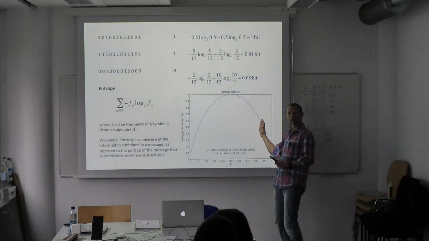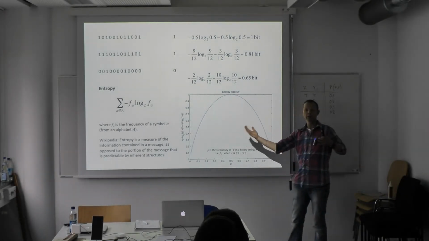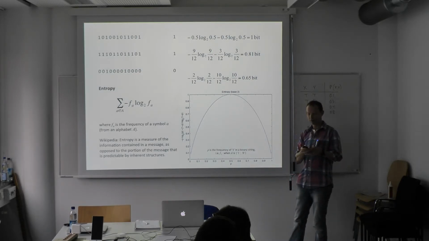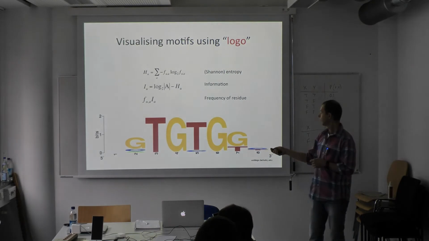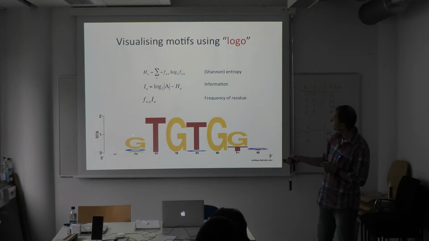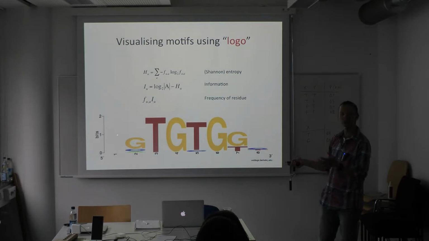Because we don't have a perfect or inherent structure that would be entirely predictable. So we end up with something in between, and the total height there is slightly less than 1 bit. Okay, you can do all the calculations if you like, but that's the intuition behind it.